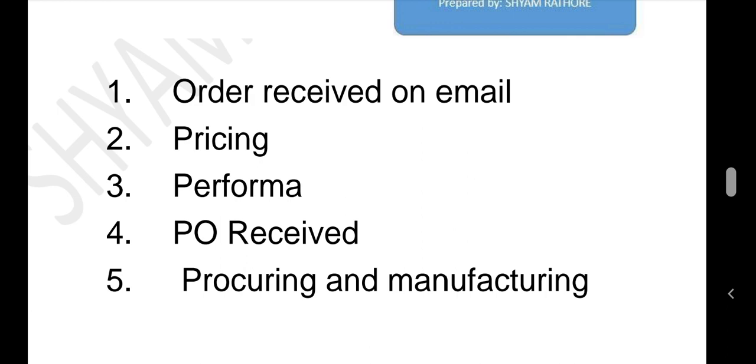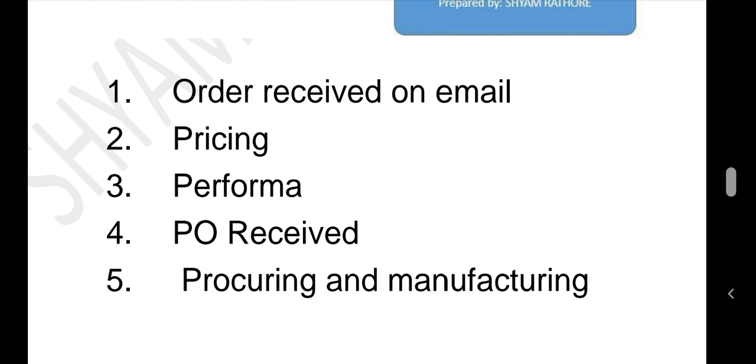These are very important things which need to be decided properly. Then we mention the product name, model numbers, unit price, and the total value of the product. In this way we prepare the Performa invoice.